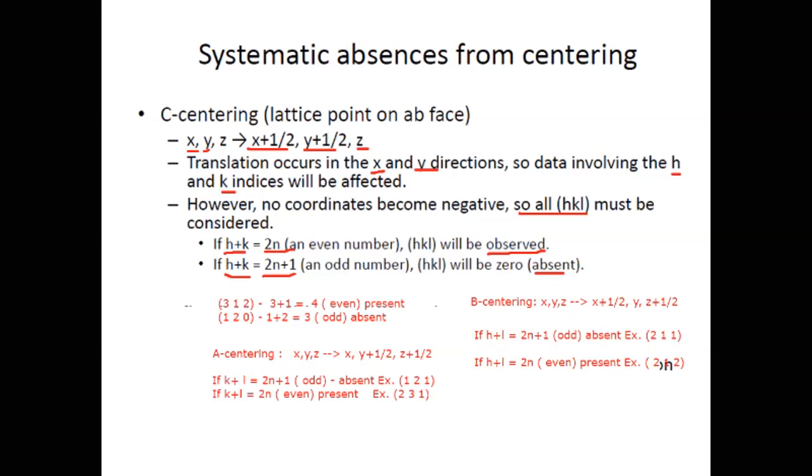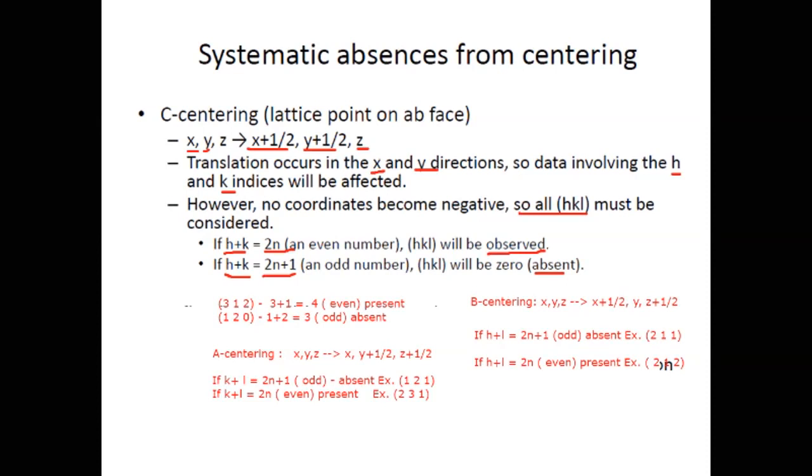If you notice that every H plus K odd is absent, that tells you you have C centering. If the H plus L odd are absent, that tells you you must have B centering. So this is how you can determine whether your crystal structure is primitive, C centering, B centering, or A centering. For example, monoclinic can either be primitive or C centering.